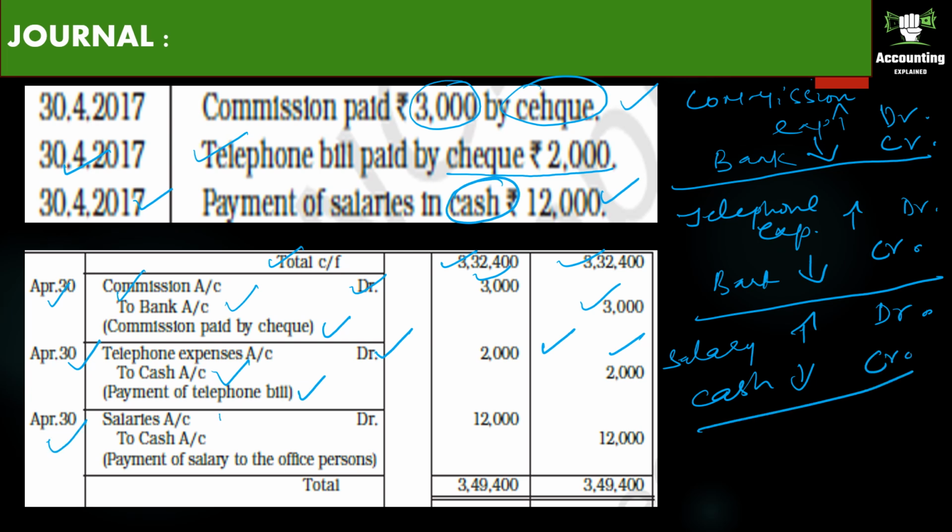April 30 entry is salaries account debit 12,000 to cash account 12,000. Payment of salary to the office persons is the narration. So when you total, the grand total is 3,49,400. With this we are finishing our today's video on journal entries.